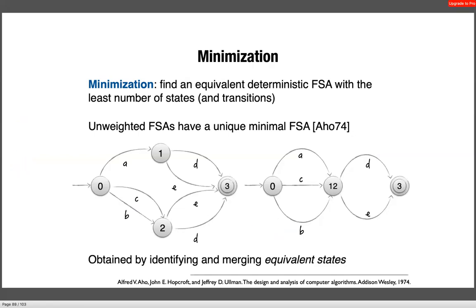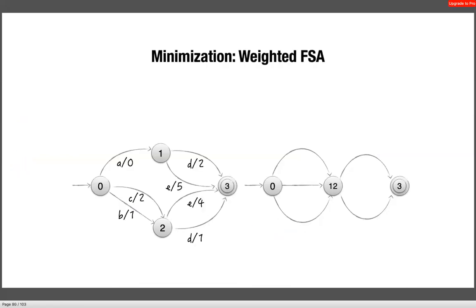Now, how do things change when you move to the weighted setting? You have a weighted deterministic FSA. How do I go about doing minimization?